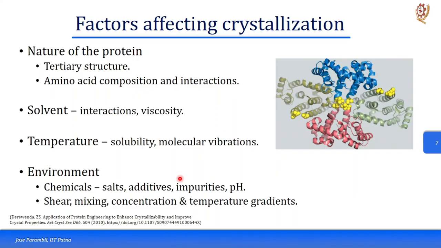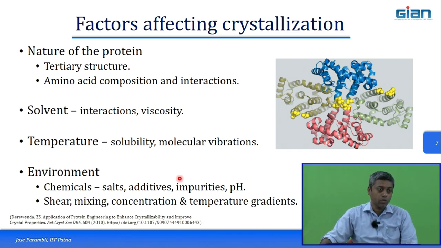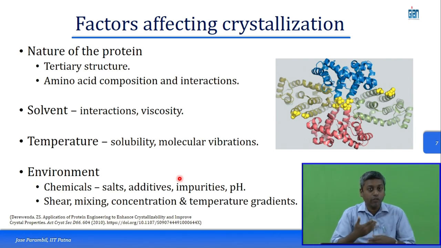All of these things can be used in order to tune, or even temperature, as we will come to in the next slide. These are the other parameters which you can tune in order to have that sort of solubility difference or decrease where it crystallizes. Then you take it back into your application where the conditions are different, where you might have a higher solubility. So this can be worked in favor as well.